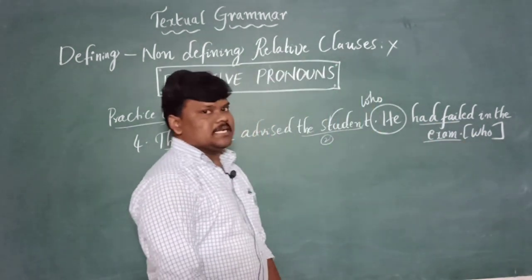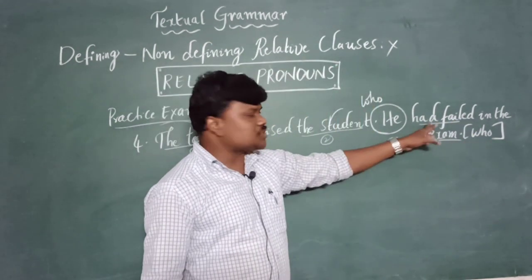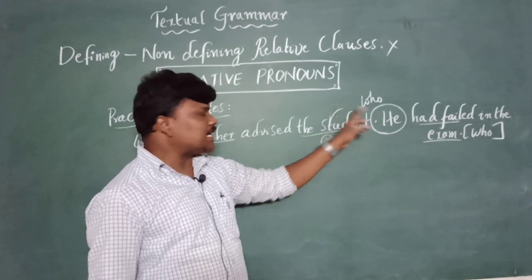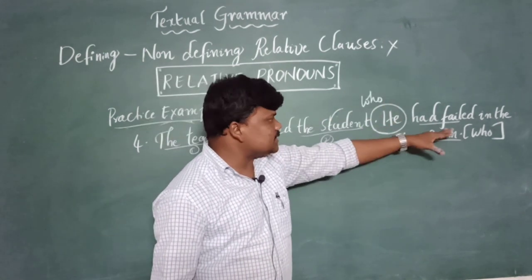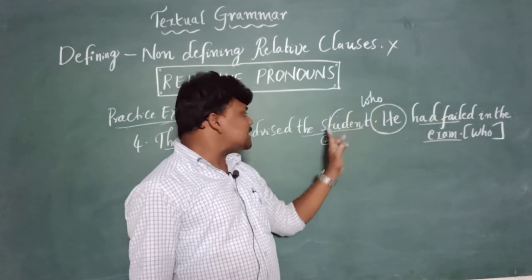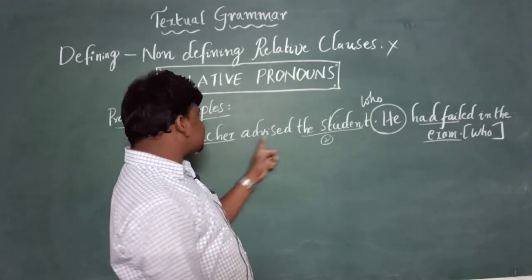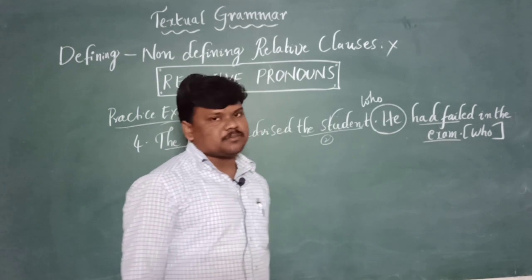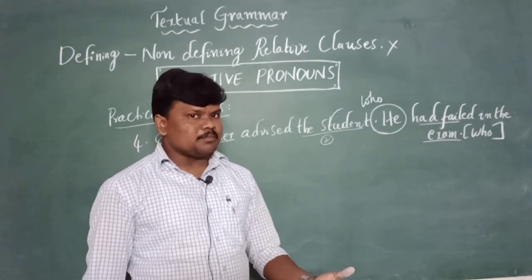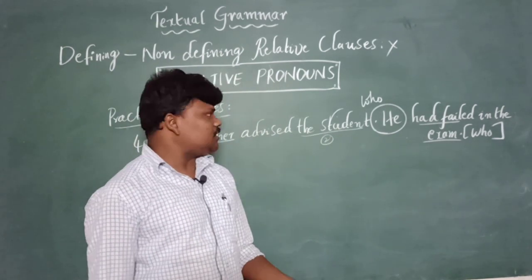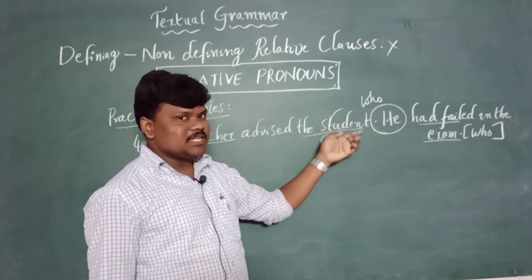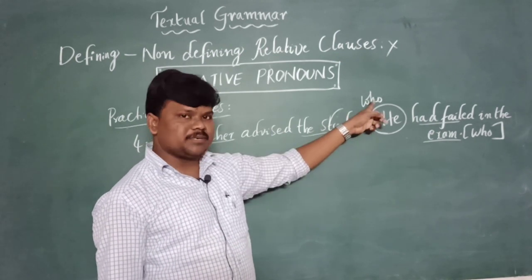If the second sentence refers to somebody, it is better to write who close to him. For example, the teacher advised the student, he had failed in the exam. In general, who failed in the examination? The student only, right? This second person follows who immediately.